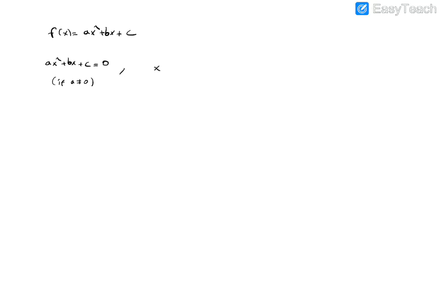What is that formula? The roots of this equation are x1 and x2. We have two roots: minus b plus or minus the square root of b squared minus 4ac, over 2a. This is known as the quadratic formula. Here, provided b squared minus 4ac is bigger than or equal to 0. b squared minus 4ac is sometimes known as the delta for the equation.